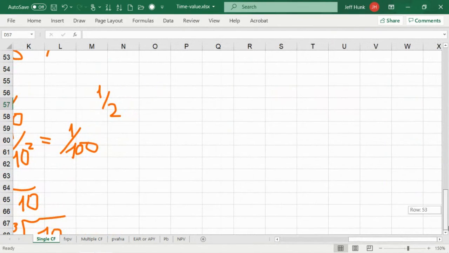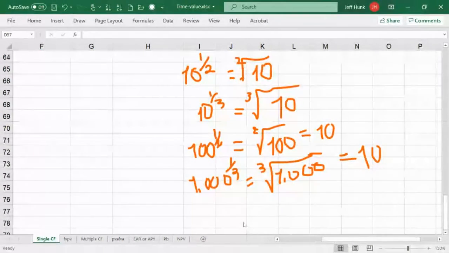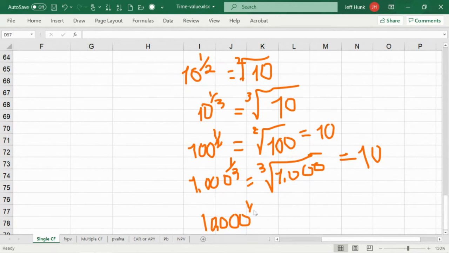So the question was, third root of 1000 is 10, isn't it right? It's 10 times 10 times 10, right? This is something you know. But also 10,000, the fourth root, or 10,000 raised to 1/4, which is the fourth radical.